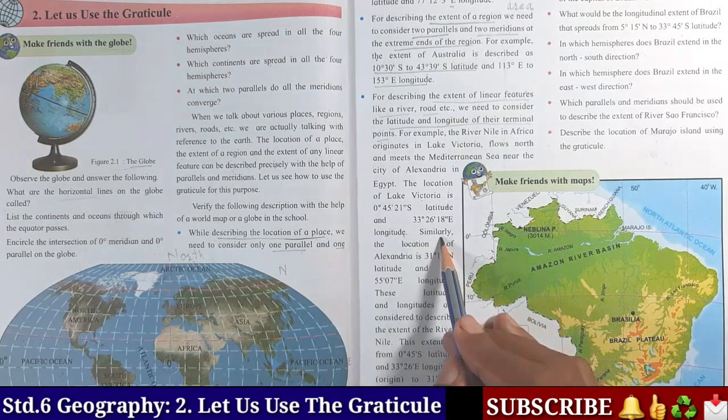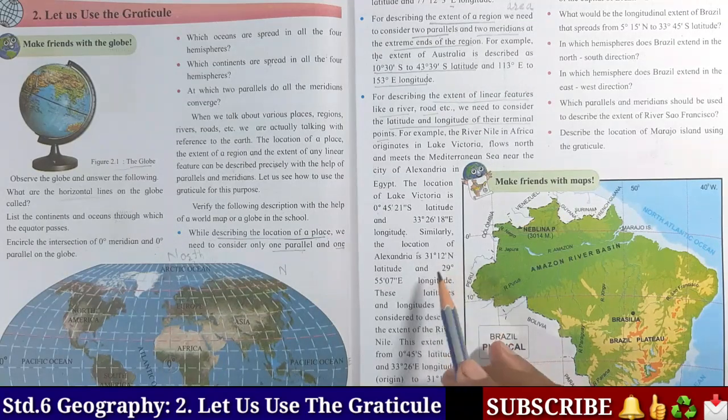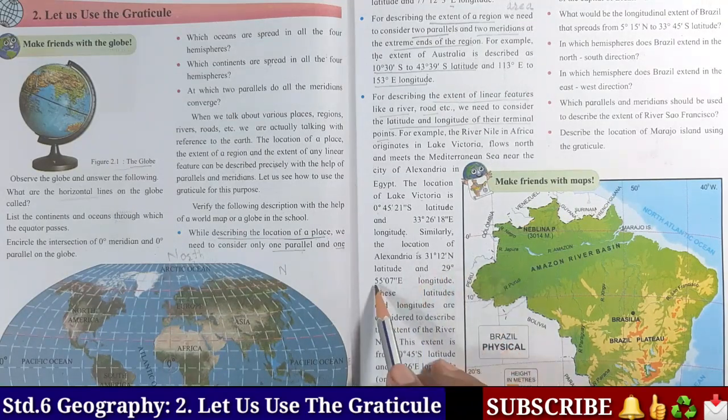Okay, students. Similarly, the location of Alexandria is 31 degree 12 minutes north latitude and 29 degree 55 minutes 07 seconds east longitude.